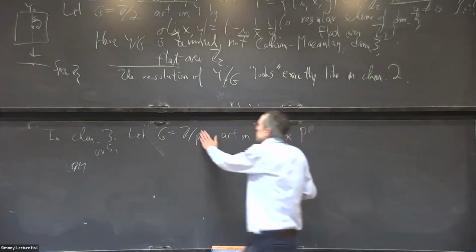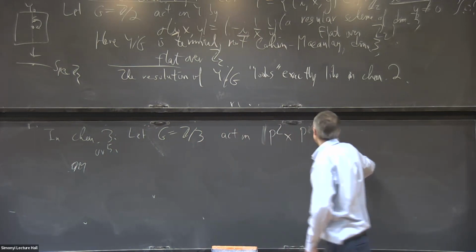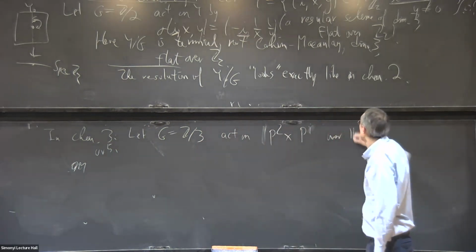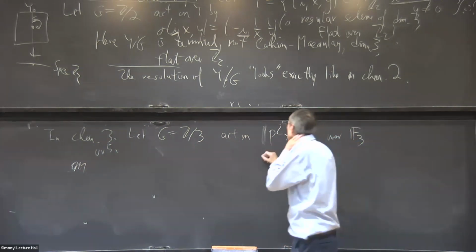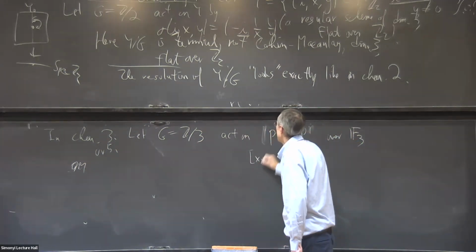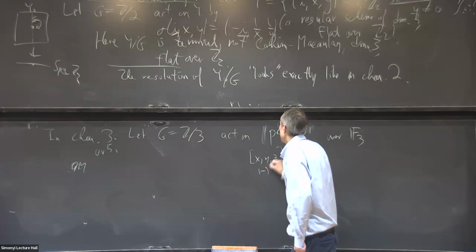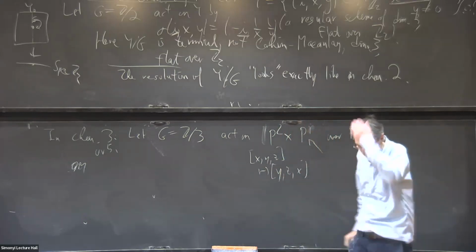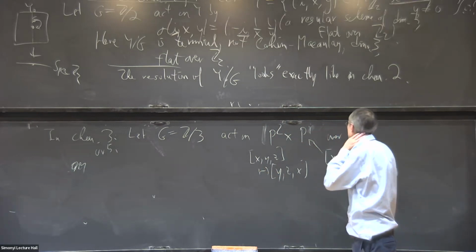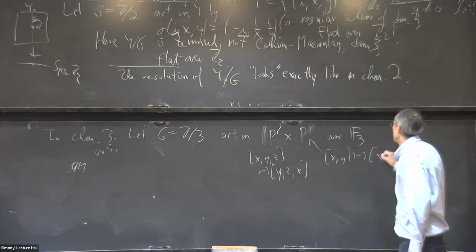Say Z mod 3 acts on this thing over F_3 by permuting the variables, x, y, z goes to y, z, x, say, and a translation action here, like x, y goes to x plus y or something.